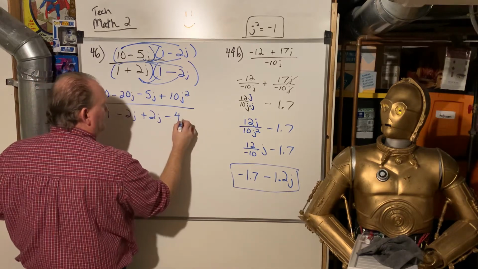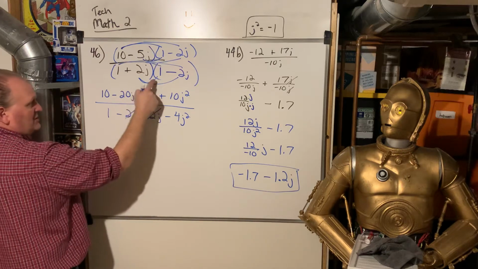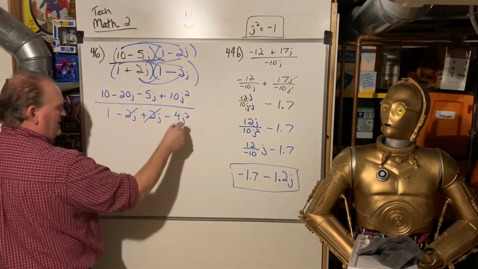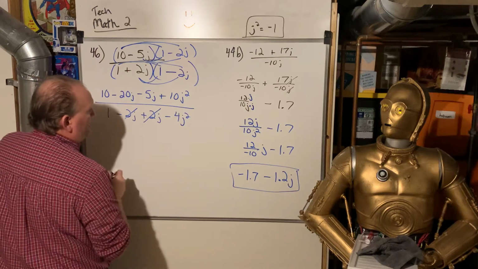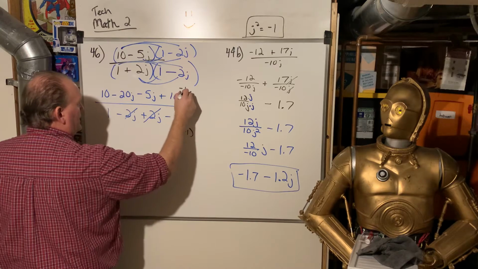And if you take a look at that, those cancel off. That's what conjugates do. The middle term cancels away. And so we have 1 minus 4j squared. But remember, j squared is really a negative 1.